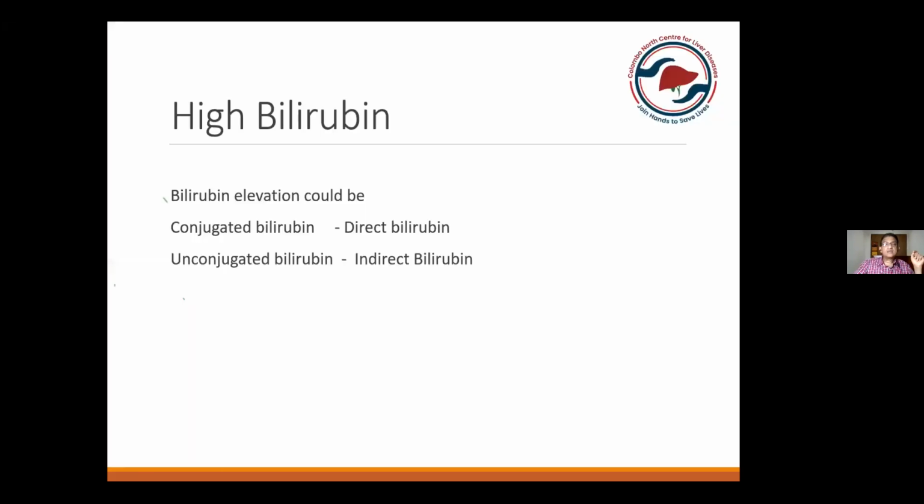The current nomenclature is DILI. I will come back to it. So high bilirubin elevation could be conjugated bilirubin or direct bilirubin, or unconjugated bilirubin or indirect bilirubin.